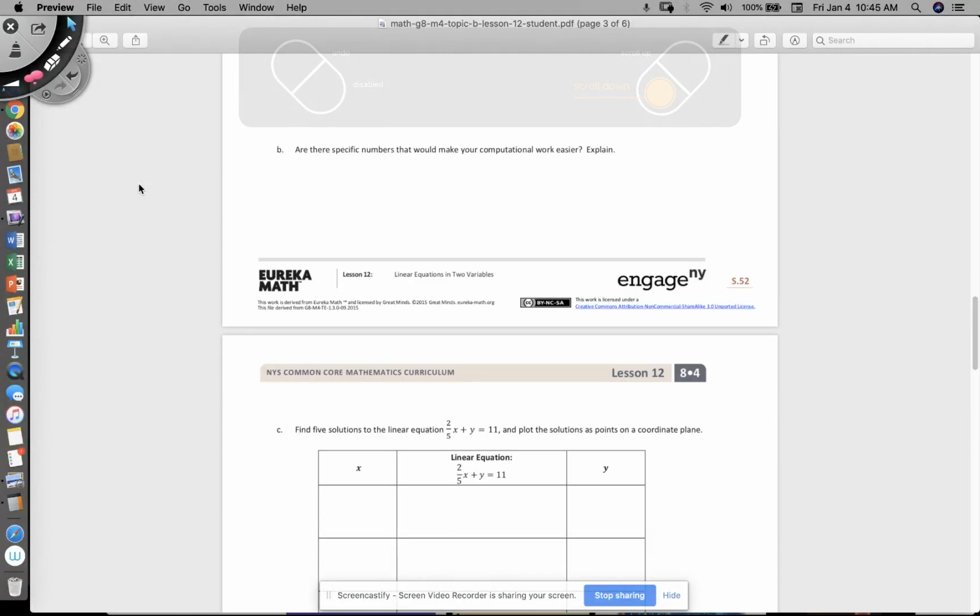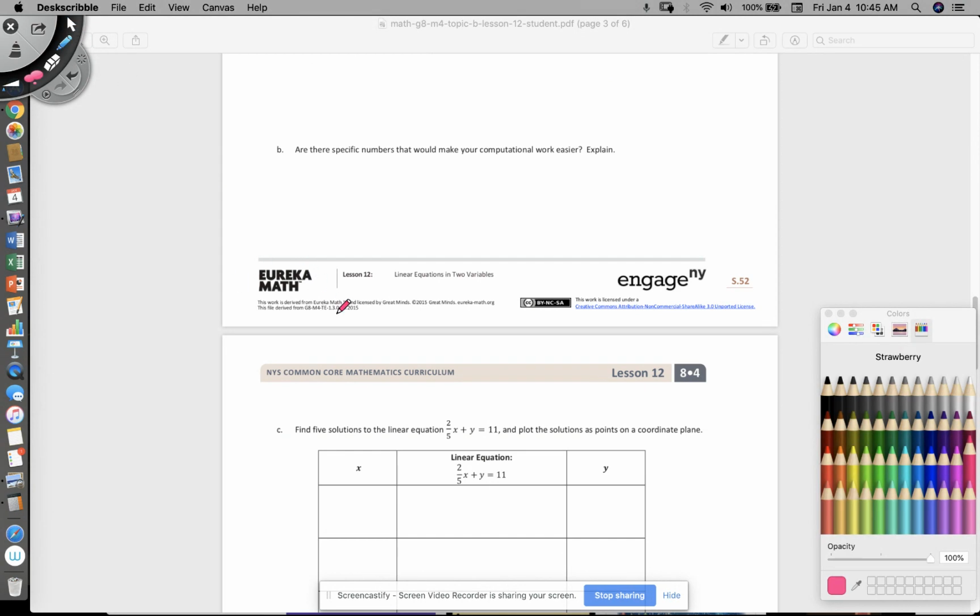Are there any specific numbers that you can use to make your work easier? Well, that's what I mentioned. Because you had 2 over 5 times that x, I would say values for x in multiples of 5 would be easy because then they could cancel out.